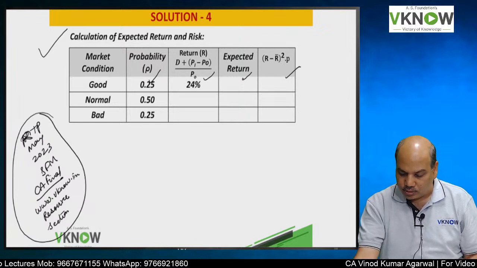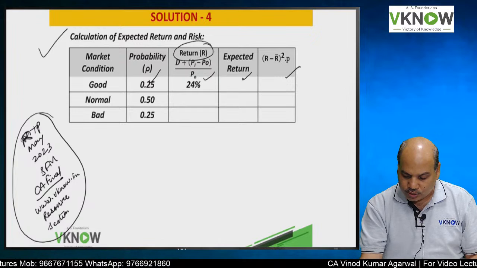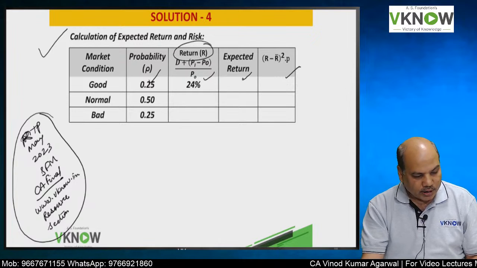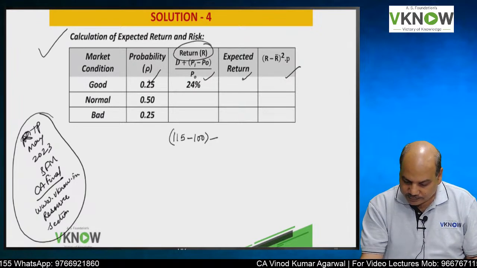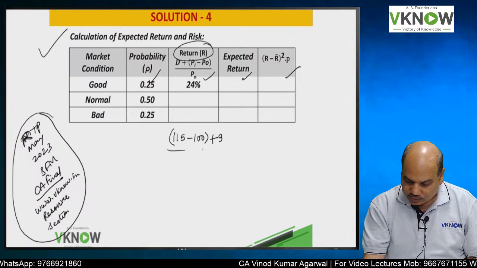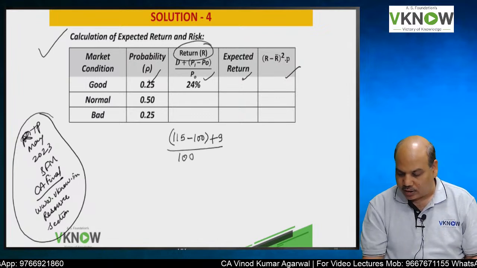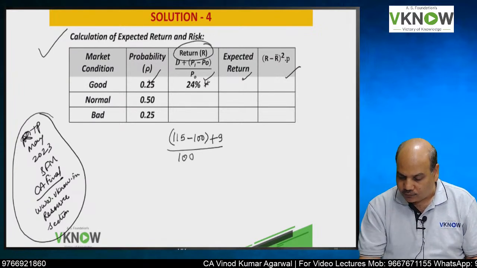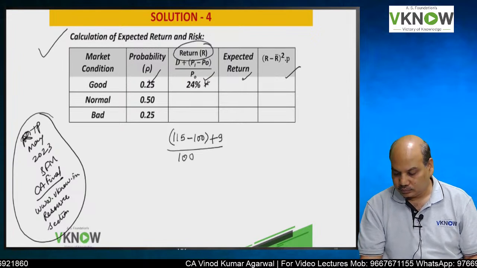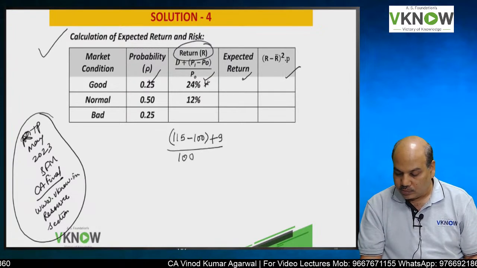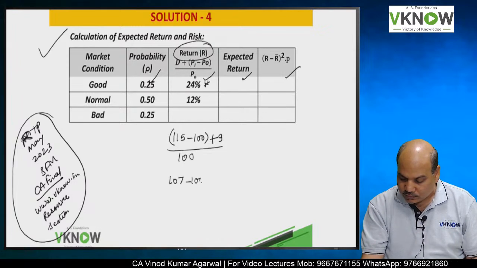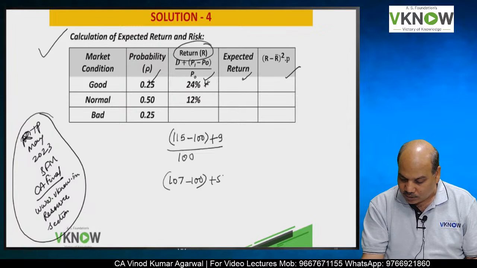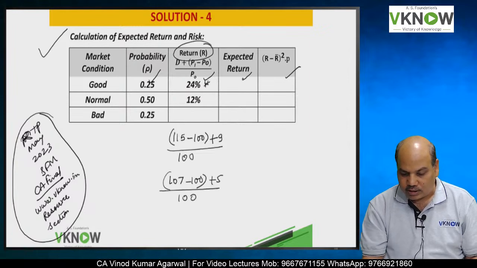Now we'll compute return. How do you compute return? Your price at the end is 115. Price at the beginning I will take 100 plus dividend is 9, and divide by 100. So this is the working note for this 24%. Similarly, for the second situation, 107 minus 100 plus dividend, divide by 100.